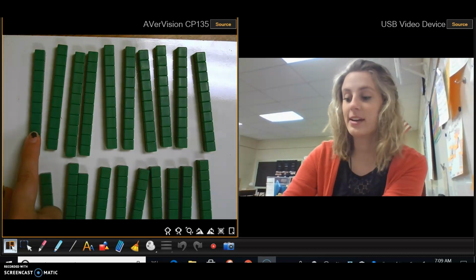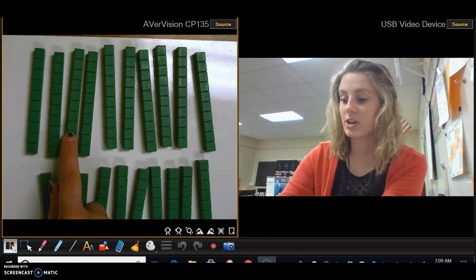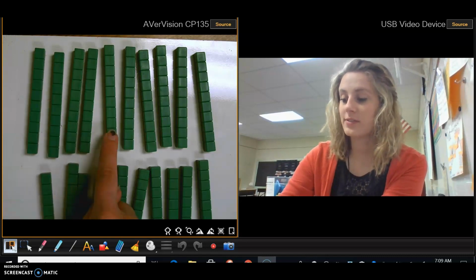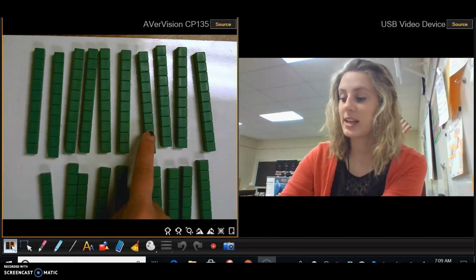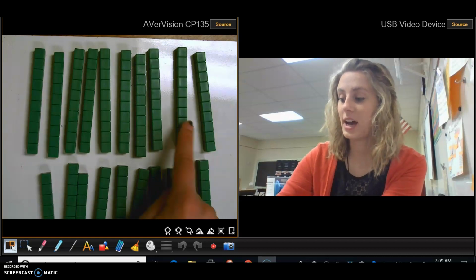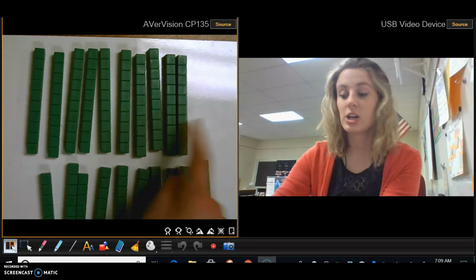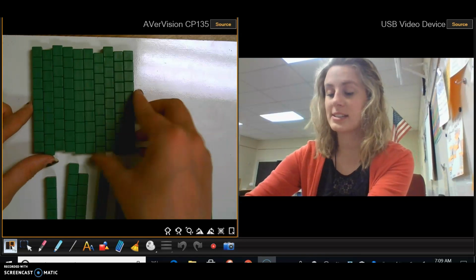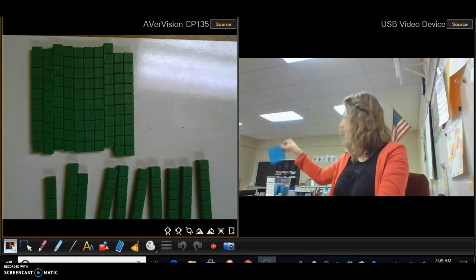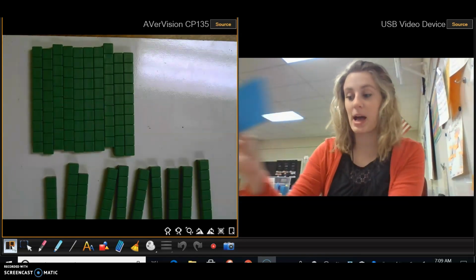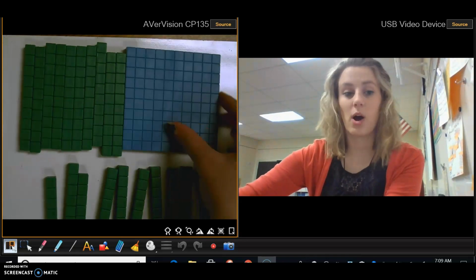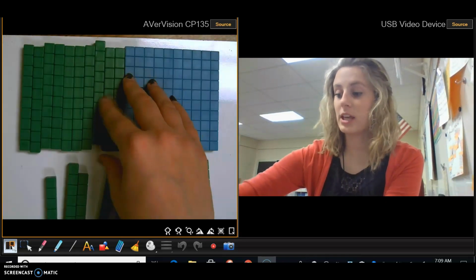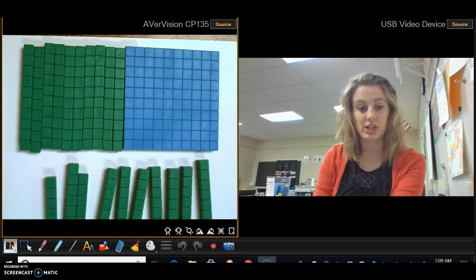So we have 10, 20, 30, 40, 50, 60, 70, 80, 90, 100. So our first row, and I'm going to condense this, and I'm going to bring in one of our hundreds blocks. So our first pile equals 100.